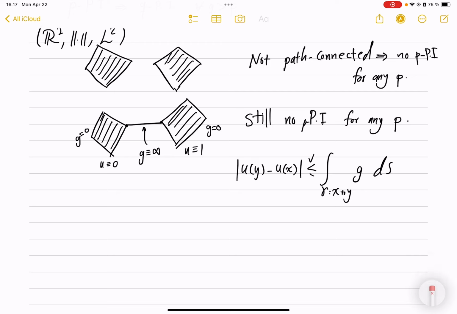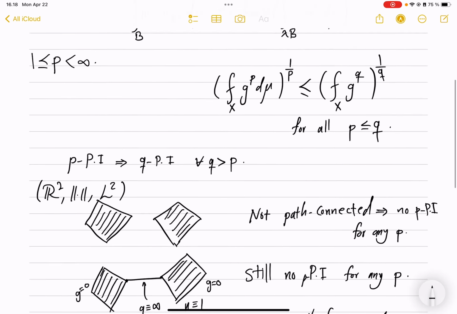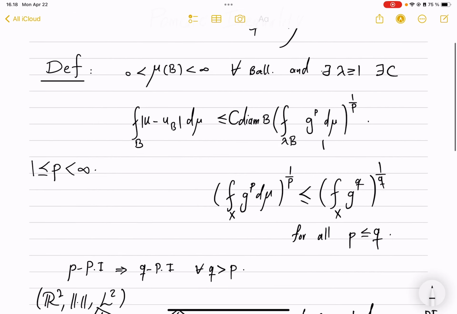However, we see that this g, the L^p measure of g, is 0 for every p. And this shows that the Poincare inequality will always fail because the right-hand side here will be 0, while the other side can be non-zero if we take a large ball that picks up both sides.